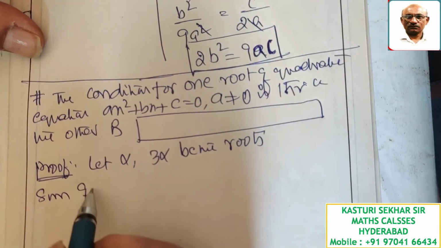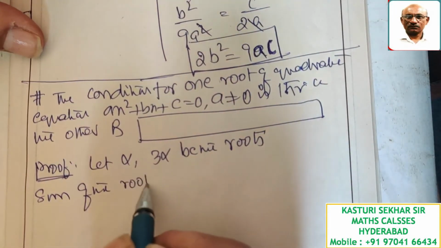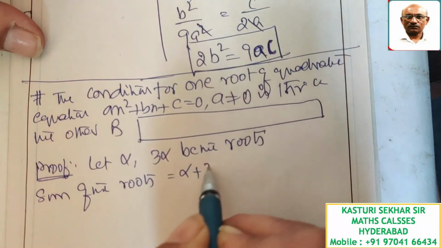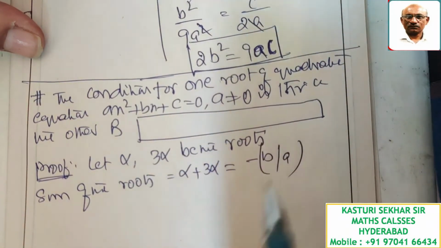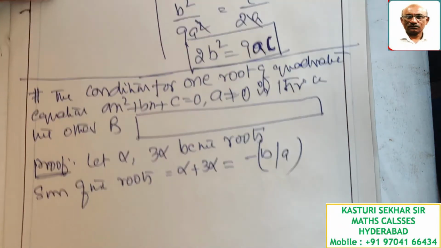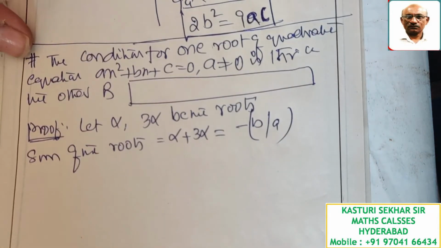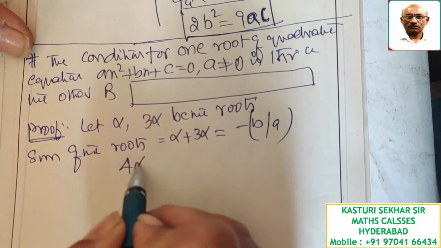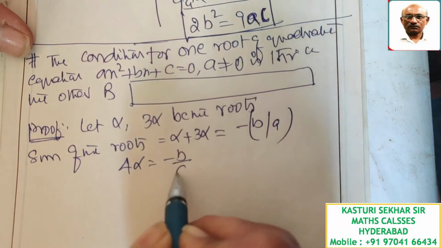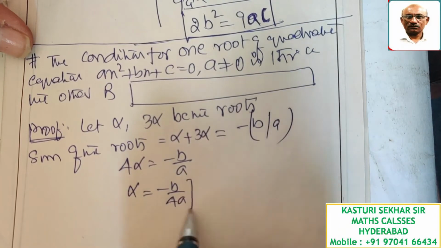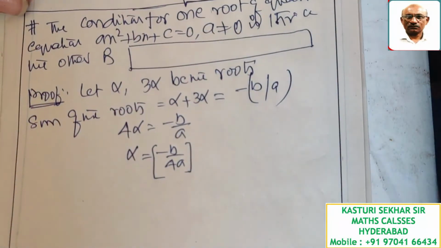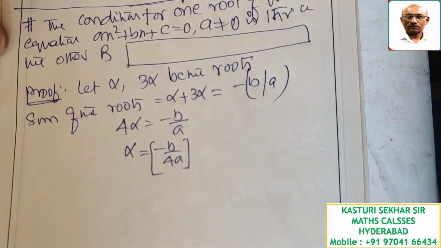So sum of the roots is equal to alpha plus 3 alpha. This is minus b by a, minus of x coefficient divided by x square coefficient. 4 alpha is equal to minus b by a. Alpha is equal to minus b by 4a.